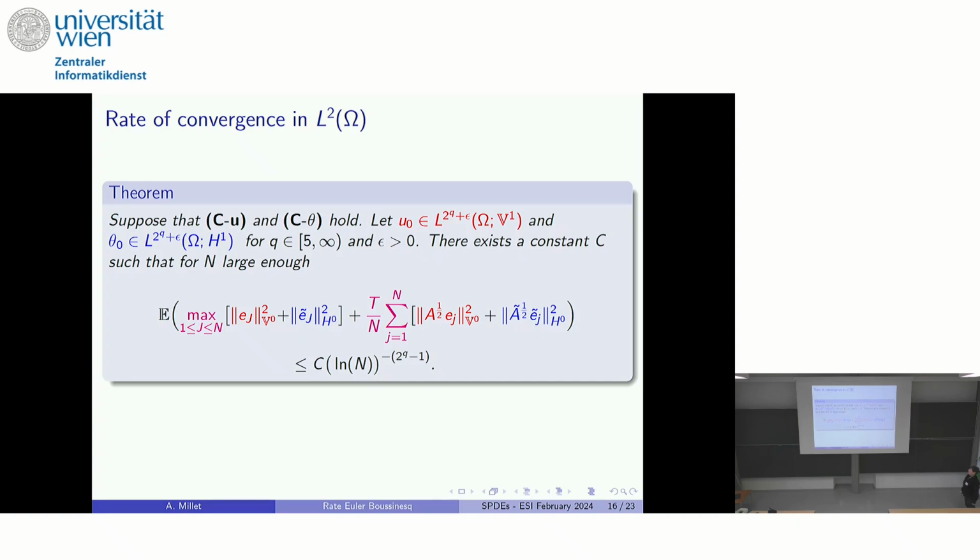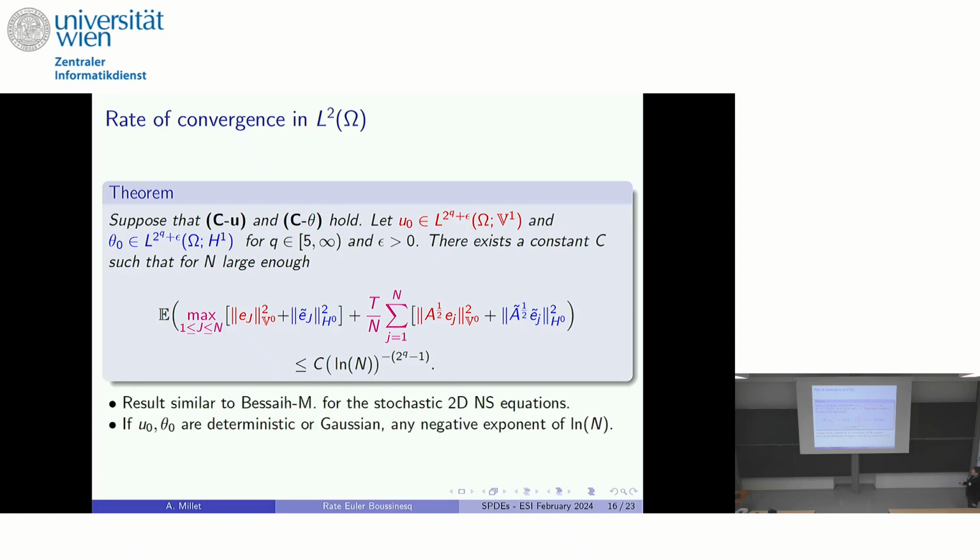And of course, it's a bit strange because if you start with deterministic initial conditions, then q is arbitrary, right? So you get an arbitrary decay of logarithm, which means that there is something along the line that we are not doing properly. I would like to get a polynomial rate of convergence. At the very end, I'm going to mention some results. I think in the additive case, we can have a polynomial rate of convergence.